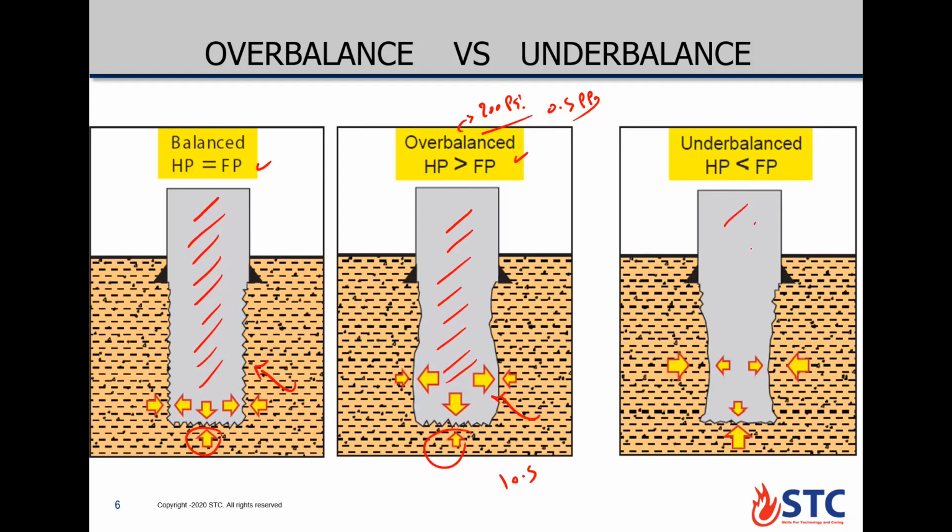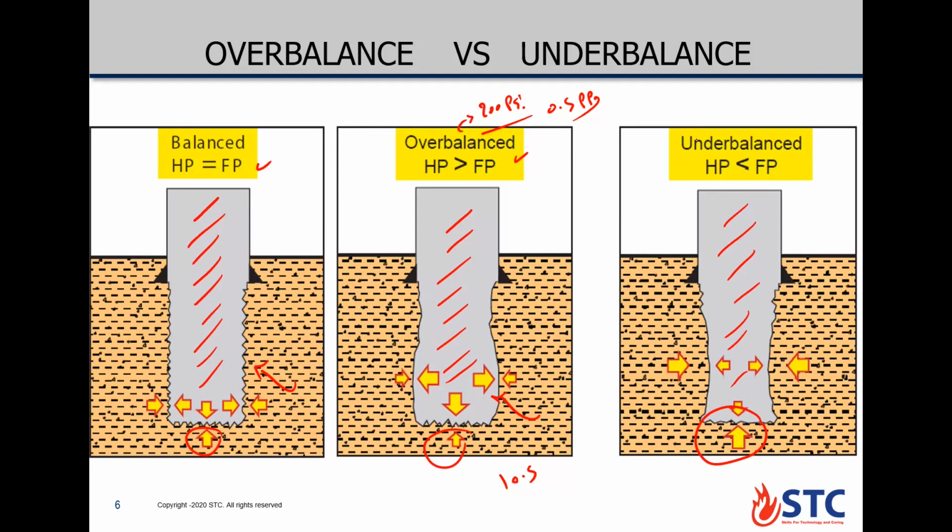Once our hydrostatic pressure inside the well is less than the formation pressure, so the formation pressure is larger than the hydrostatic pressure for any reason. For example, we may have less hydrostatic pressure due to a reduction in the column, or due to a sudden jump in the formation pressure, for example, abnormal pressure.